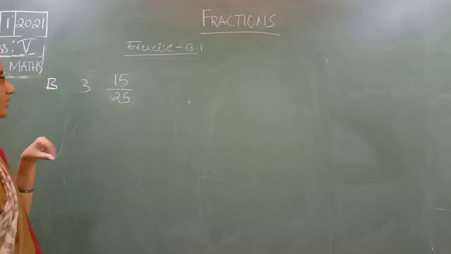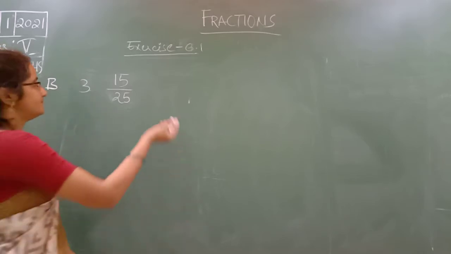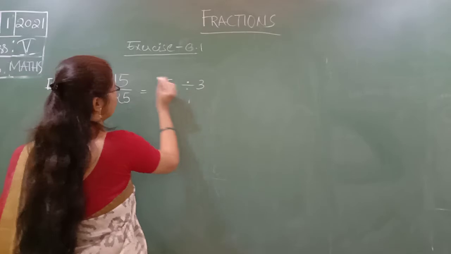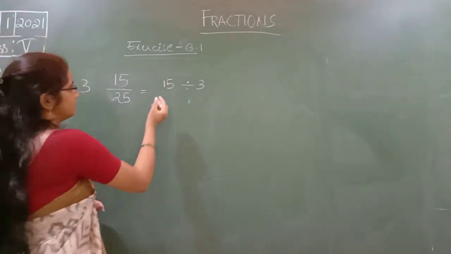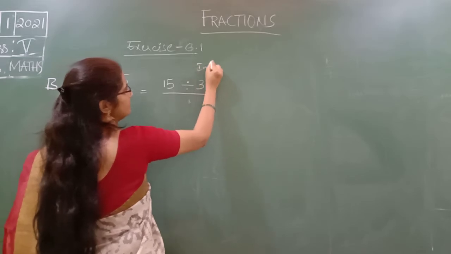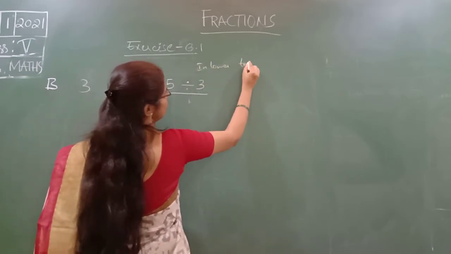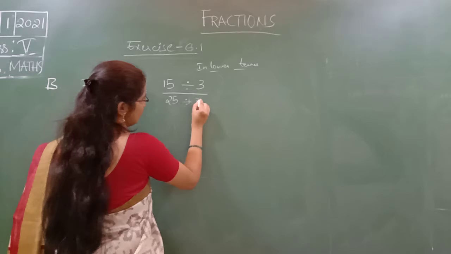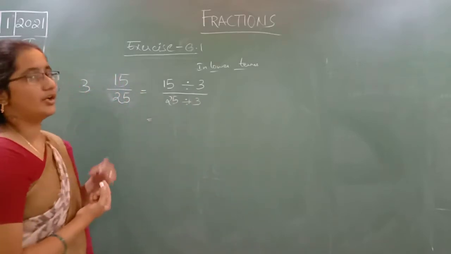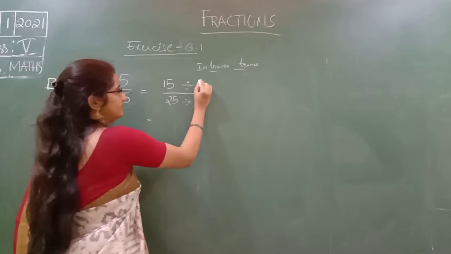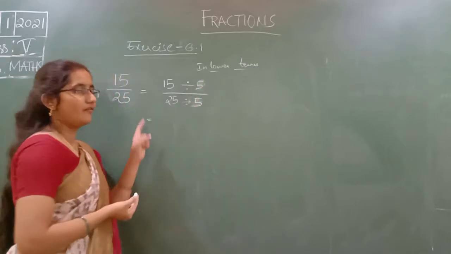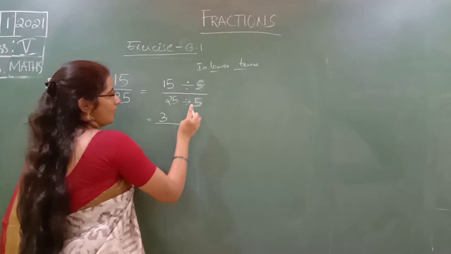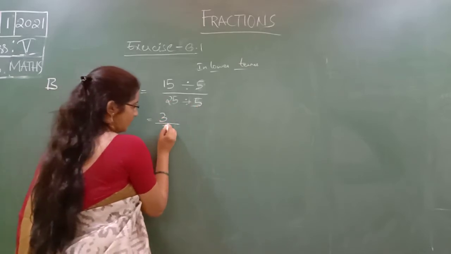So in lower terms we'll divide by 5. 15 divided by 5 will be 3. 5 3s are 15. 25 divided by 5: how much will you get? 5 5s are 25. So the answer is 5.